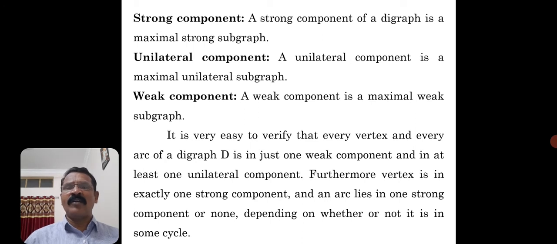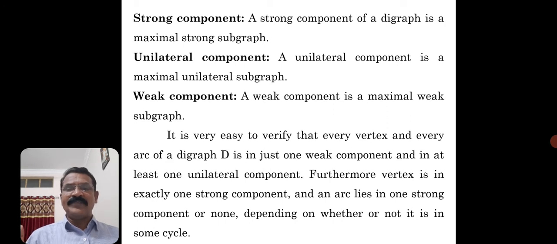If it is strong, there should be a maximal strong subgraph. If it is a unilateral component, there should be a maximal unilateral subgraph. When will it be a weak component? If there is a maximal weak subgraph. So these are the three different kinds of components we have observed.